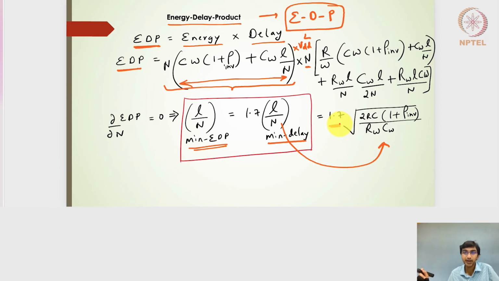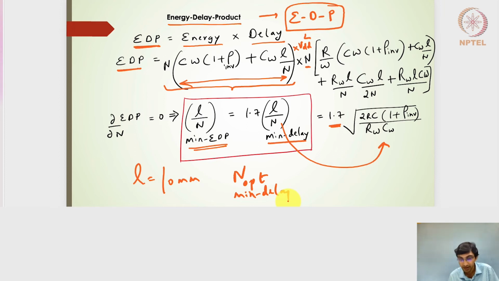So if I have a long length of the wire, let's say that the length of the wire is 10 mm. The number of optimized repeaters that I will achieve for the minimum delay will be, so this L by N will give me the spacing, the length of each of the segments, because N is nothing but the segments.